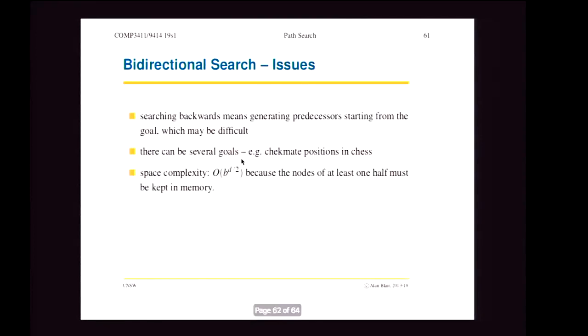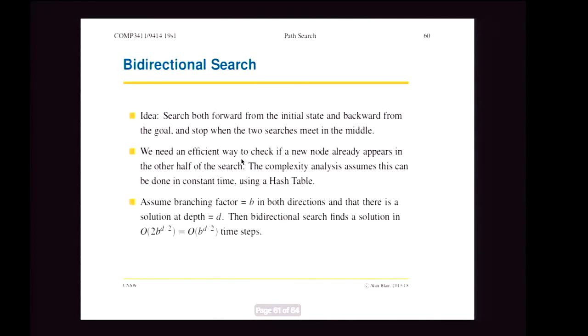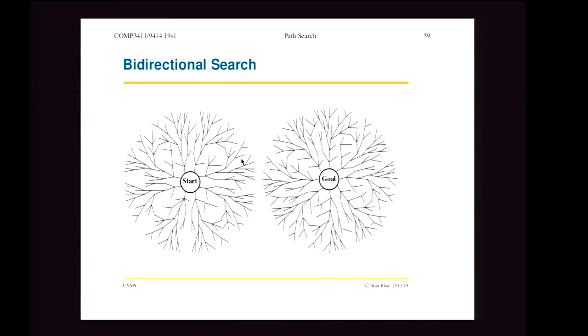Now, why is this fast? Well, let's suppose the branching factor is 10 and that the length of the shortest path is 10. So if you did breadth first search or iterative deepening search, the number of nodes you would have to expand is 10 to the 10, right?